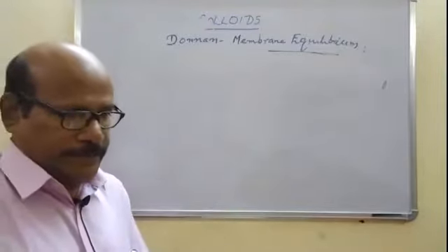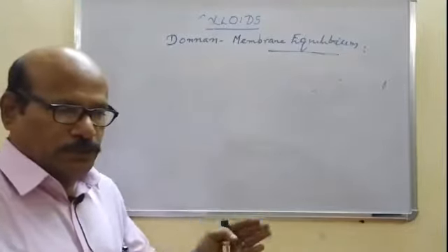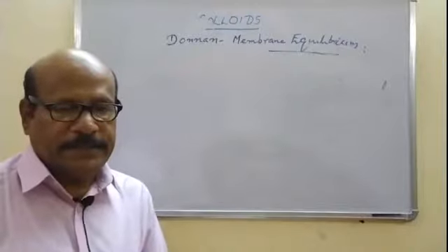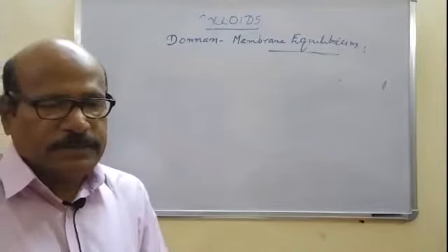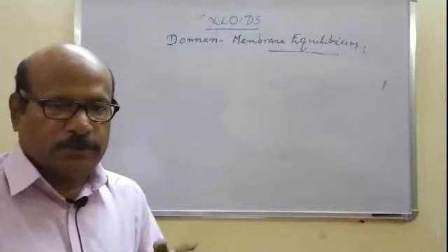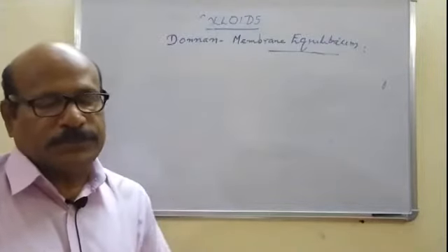We have a membrane and two solutions, so two sides of the membrane. On the left side of the membrane is a solution of sodium chloride, in which both sodium and chloride are diffusible ions.